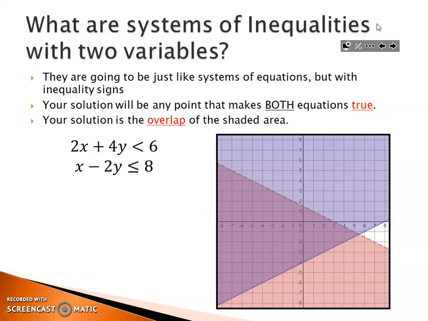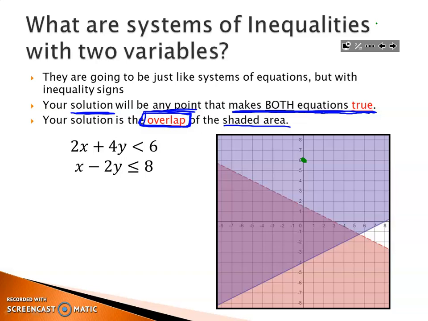Okay? So what are our solutions going to be for these? It's going to be any point that will make both equations true. It has to make both equations true. Or it's going to be the overlaps of the shaded area. So this point up here is not a solution.